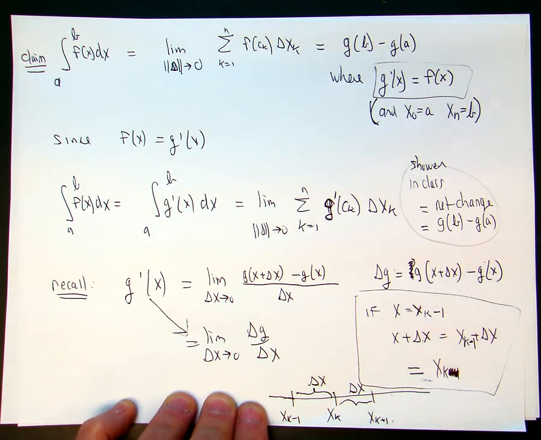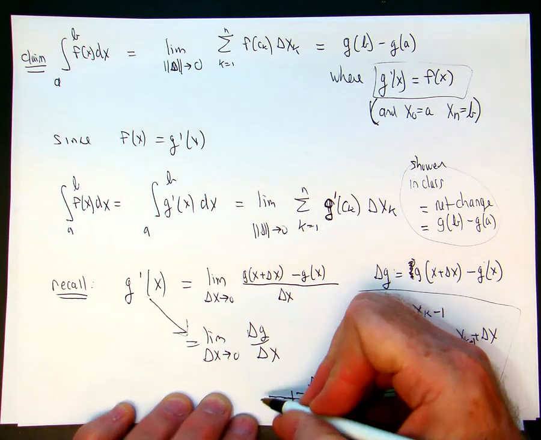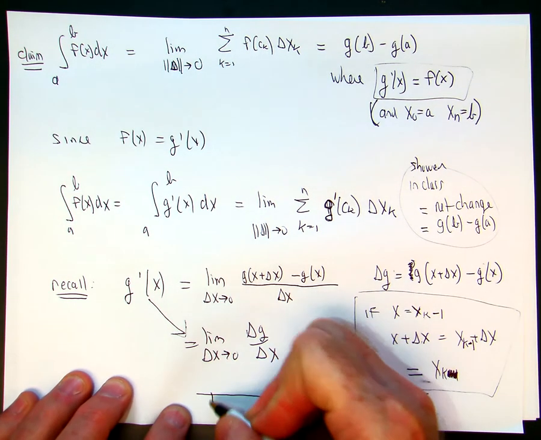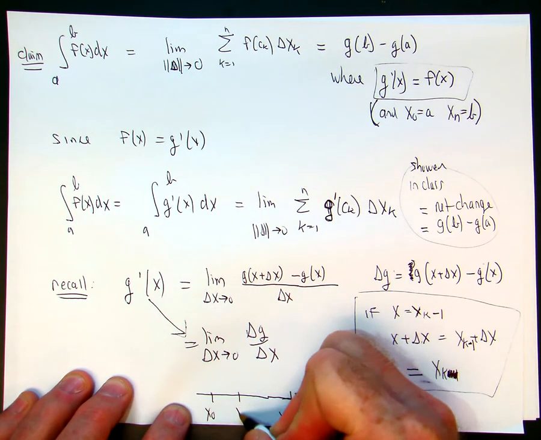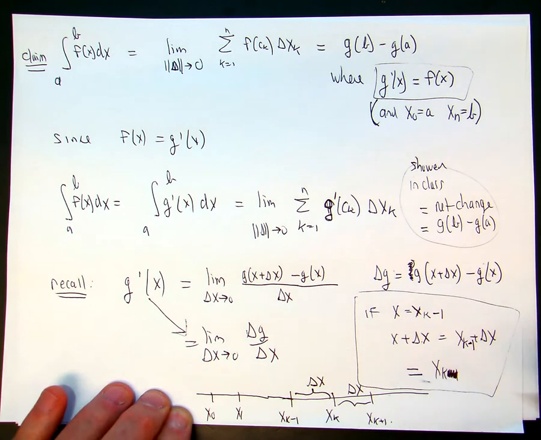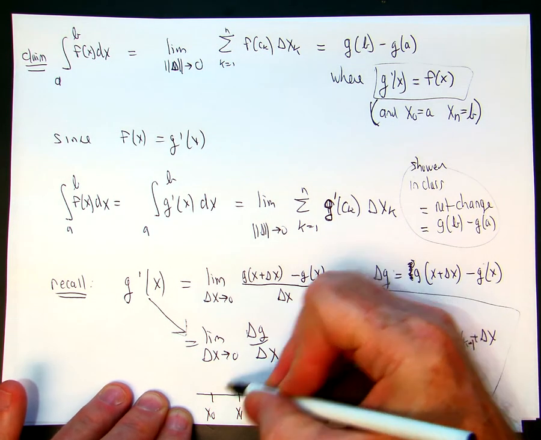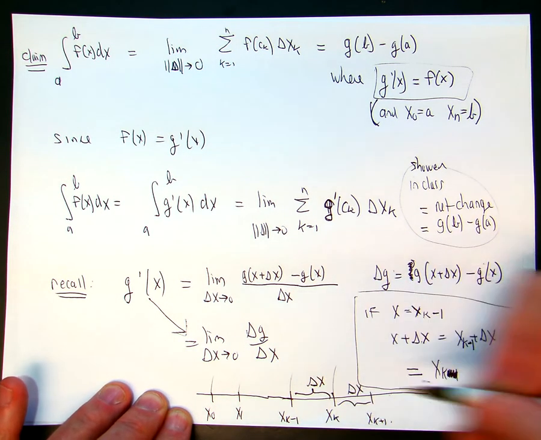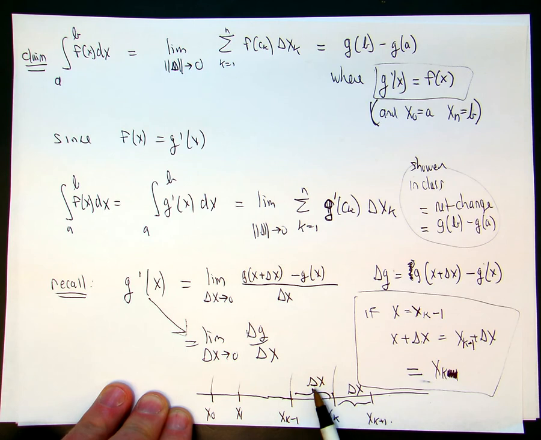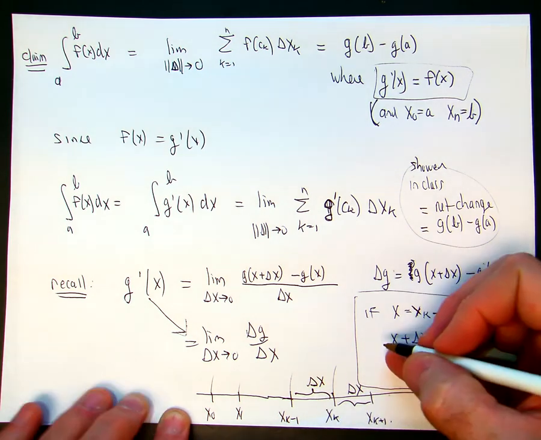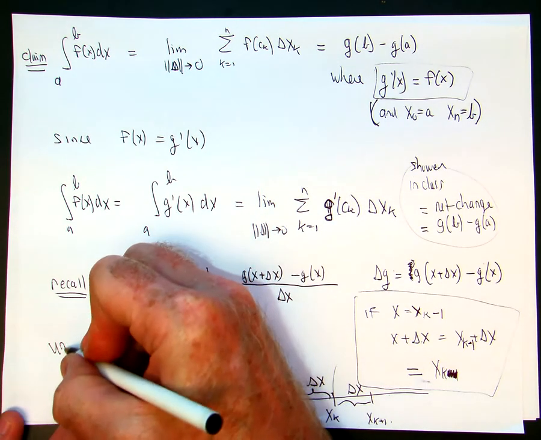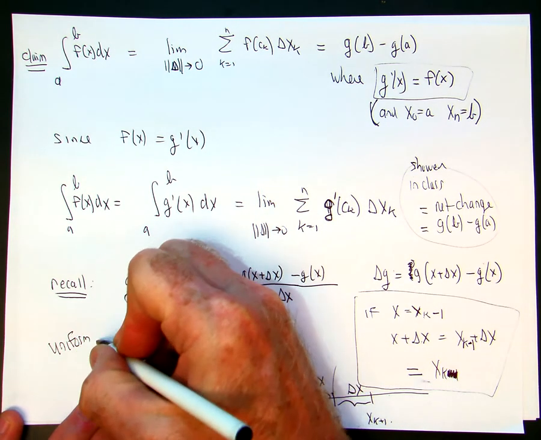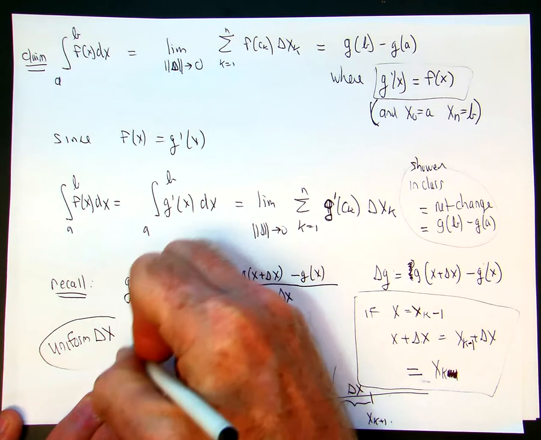Remember, we have all these x1s, x0s, and such kicking around. So, in other words, these are all where we draw the rectangles. Okay. Now, remembering that the difference between each of these is delta x, and let's use a uniform delta x, because it makes life easier.